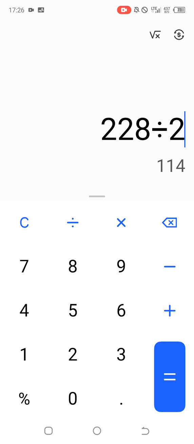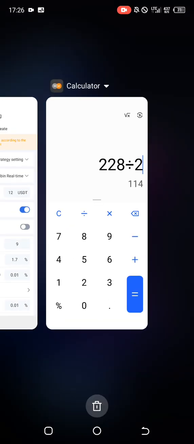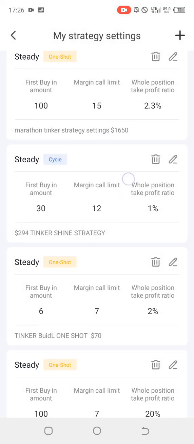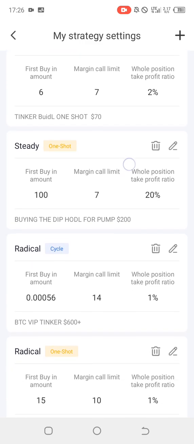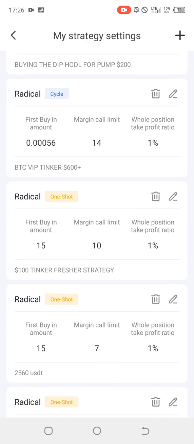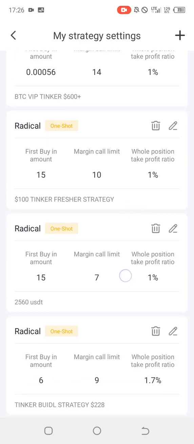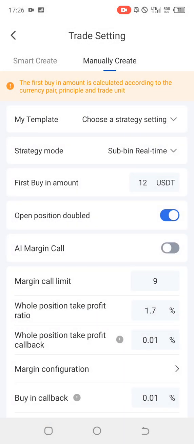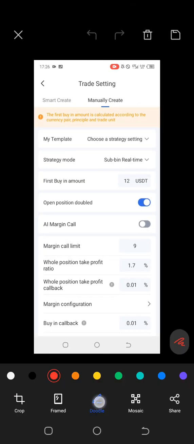But this is the strategy we are using for the Tinker Buidl 228 strategy. So we're gonna load it. We have a lot of strategies here. Let's see where it is. 220. Oh, that's it. So the 220, it has 9 margin calls. Okay, I'm almost finishing. 9 margin calls.